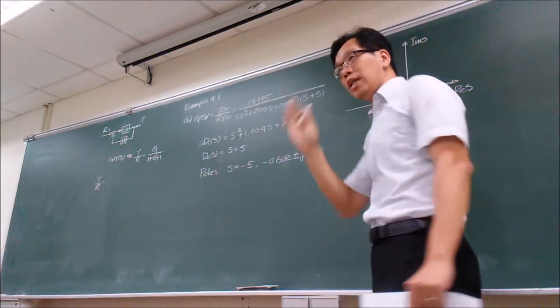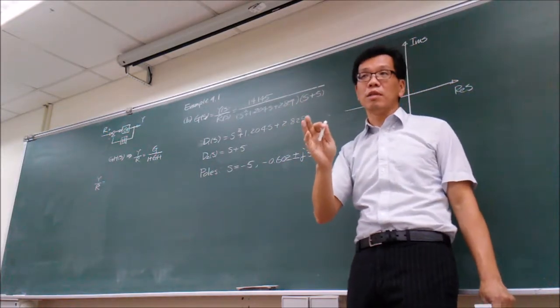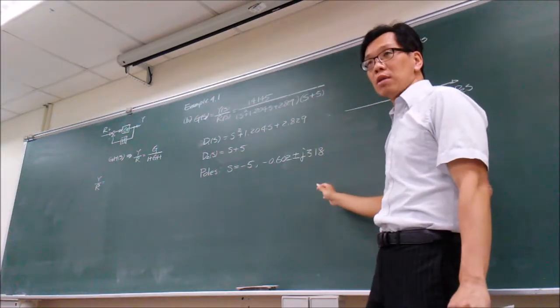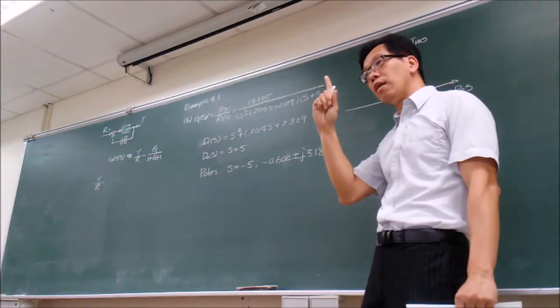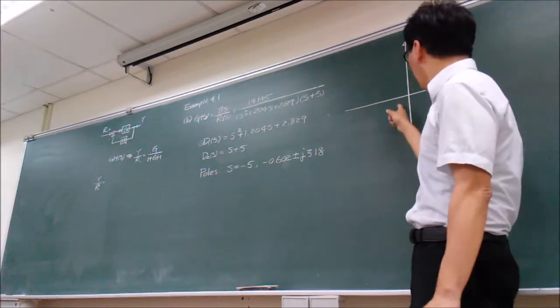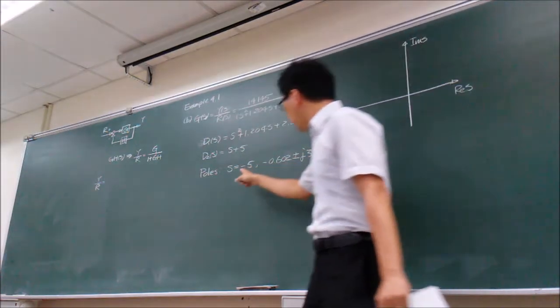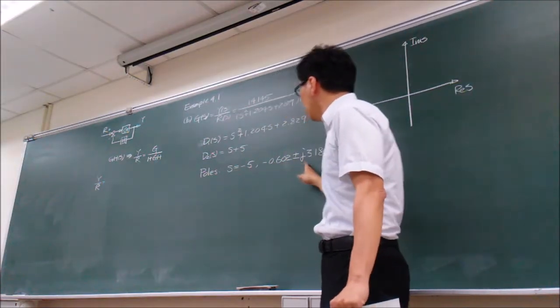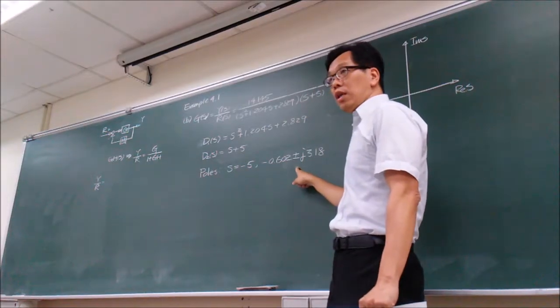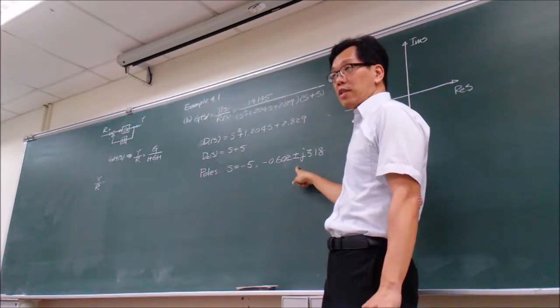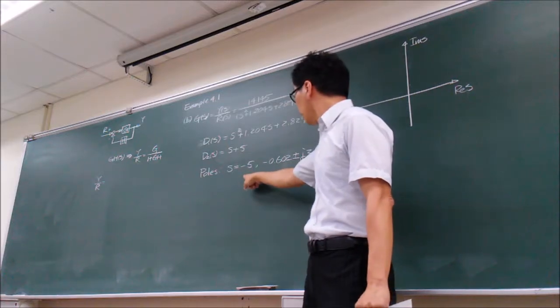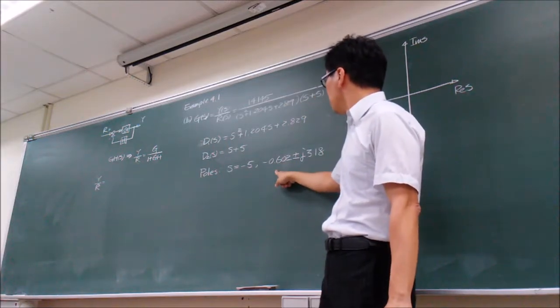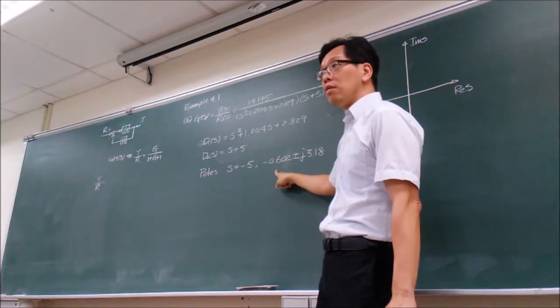So when you say left hand side is going to be faster, it means that the transient response is going to achieve 1 faster than the one over here. So by observing the poles over here, which one is going to achieve steady state faster than the other one? -5 or -0.602? -5.